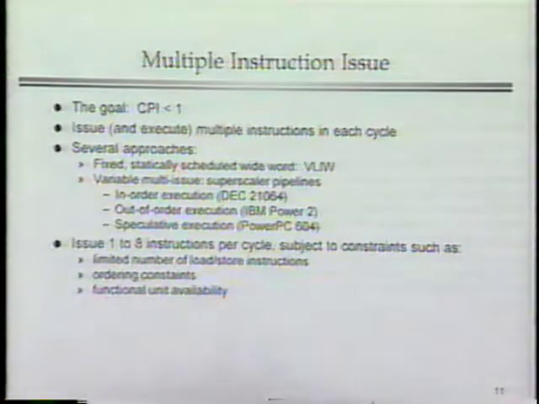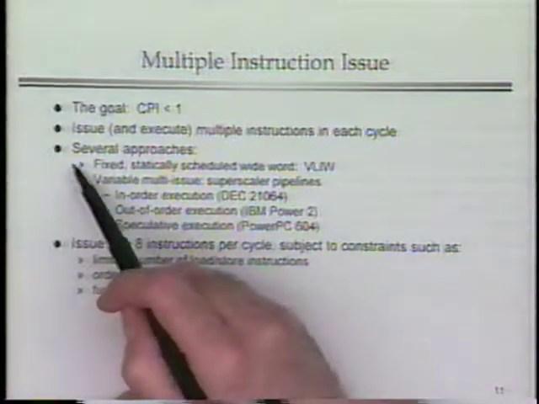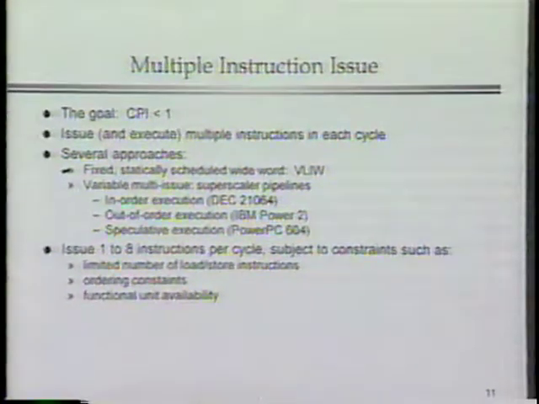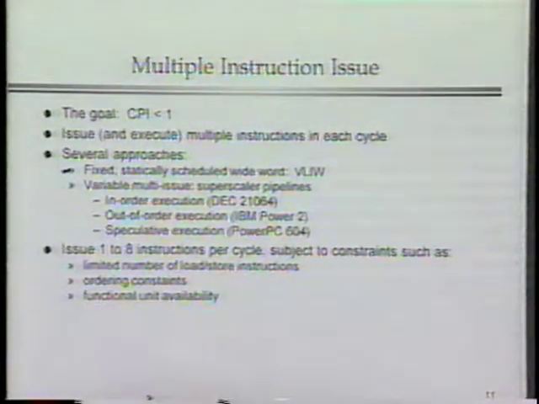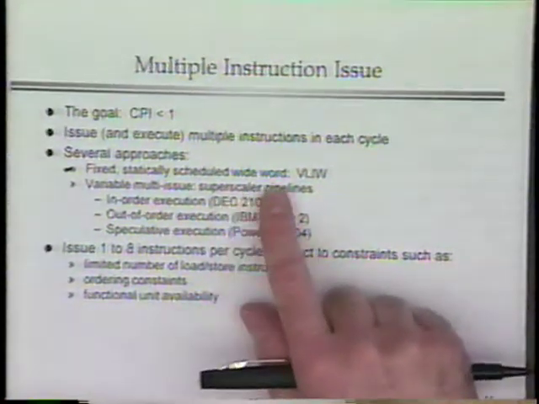Well, there are basically two ways to do it. One way is to give up on our RISC-like instruction set architecture, or at least the one we've been looking at, and change the instruction set architecture so that the compiler can bundle together instructions that can be issued at the same time into one very wide word instruction.